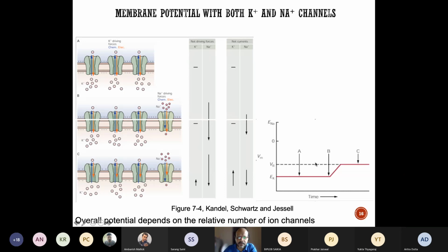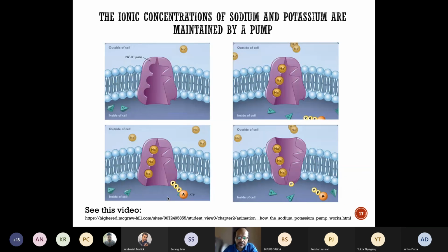That is why the potential remains where it is, and it would stay like this. It wouldn't stay like this forever, because current is going from one direction to another continuously, and then the concentration gradient will be lost eventually. So we have got pumps that maintain the concentrations where they are.